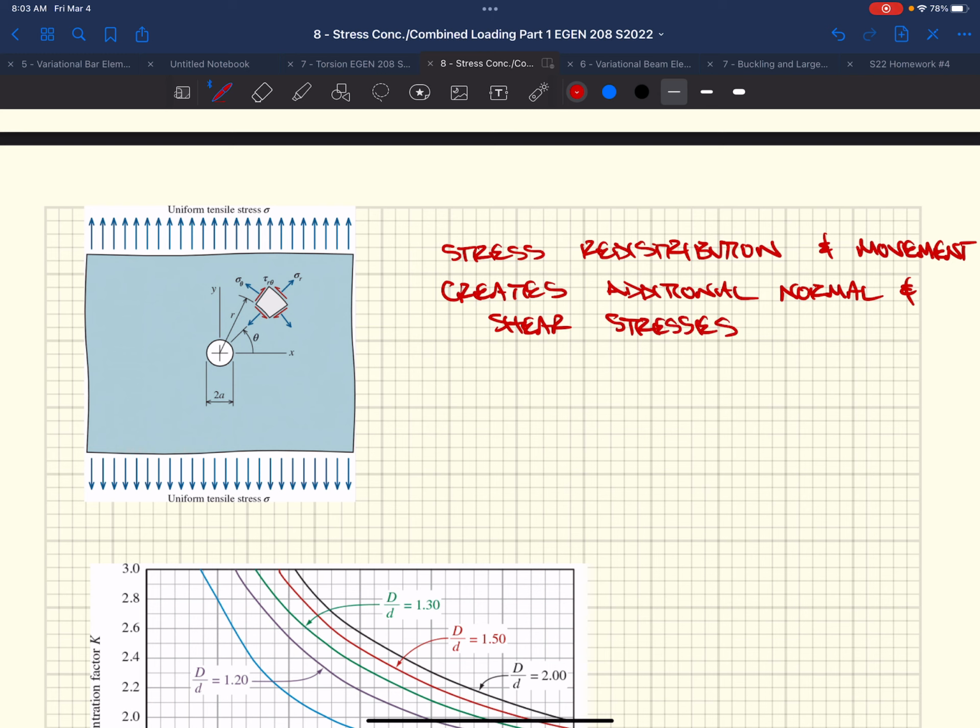So the fact that we're trying to move stress around something, in doing that, we end up getting additional shear stresses and normal stresses, okay, that we need to take into account.